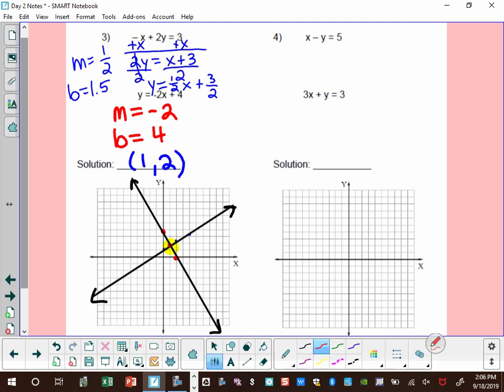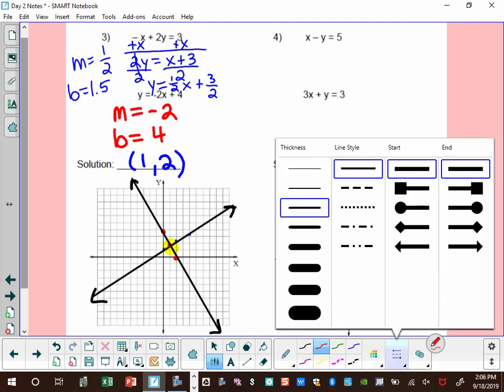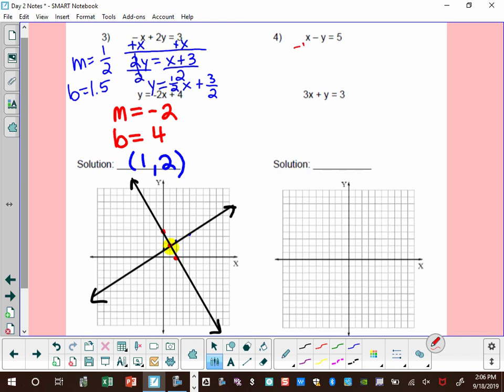What I'm going to do is solve for y. I have -y equals -x plus 5, and divide by -1. So I'm left with y is equal to +1x minus 5.